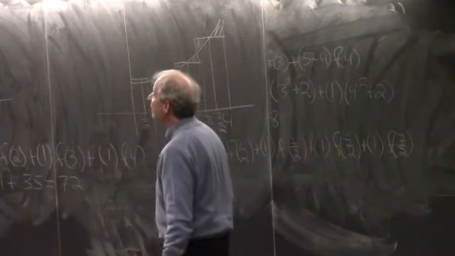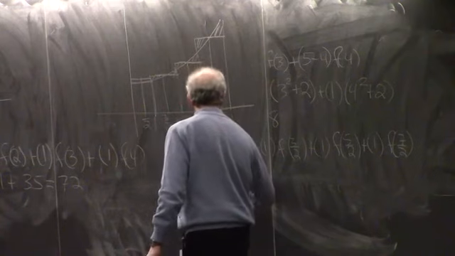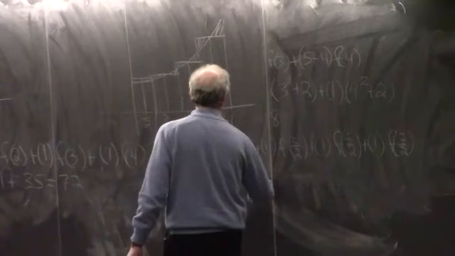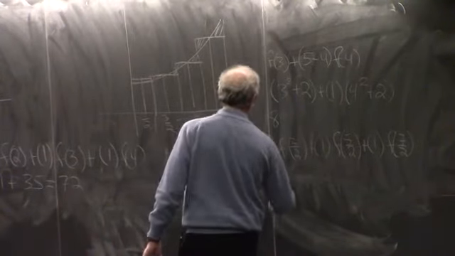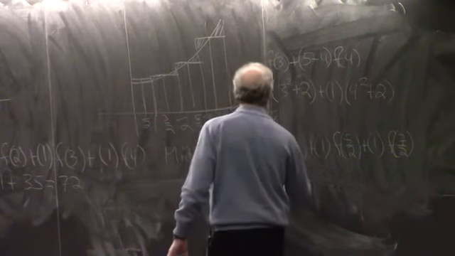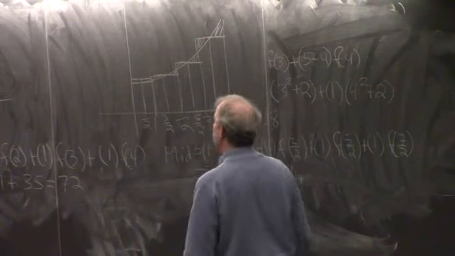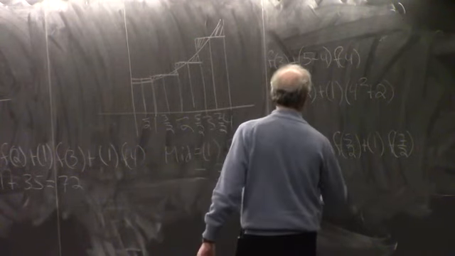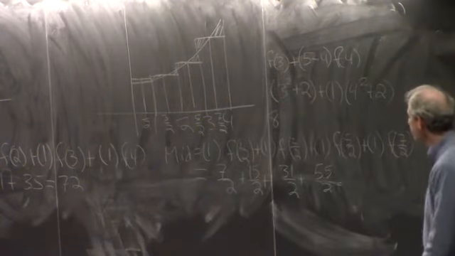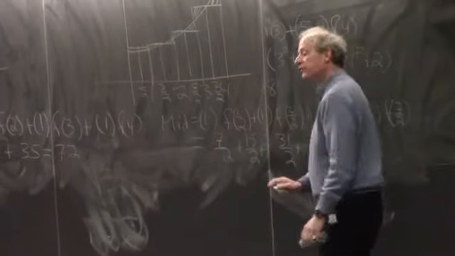So, f of 1/2 is 7/2. f of 3/2 is 15/2. Correct me if I'm wrong. f of 5/2 is 31/2. And f of 7/2 is 55/2. I think that's right. And so you get 108 halves or 54.